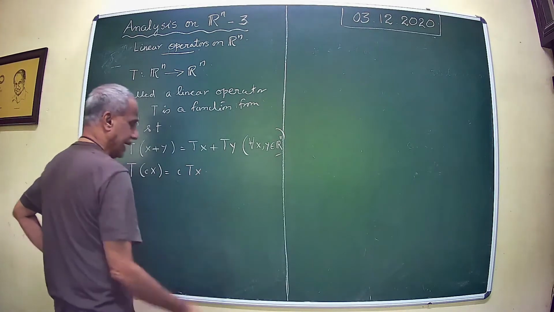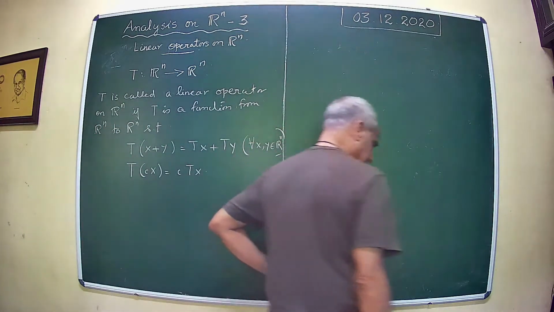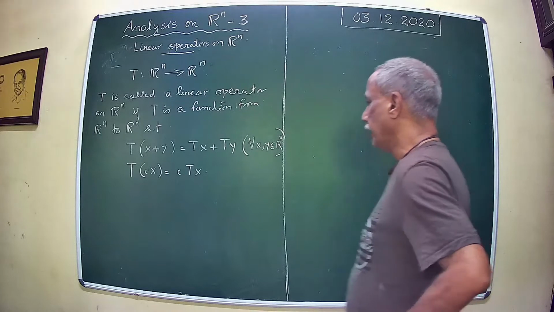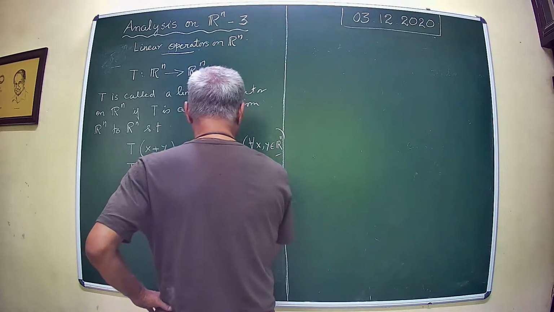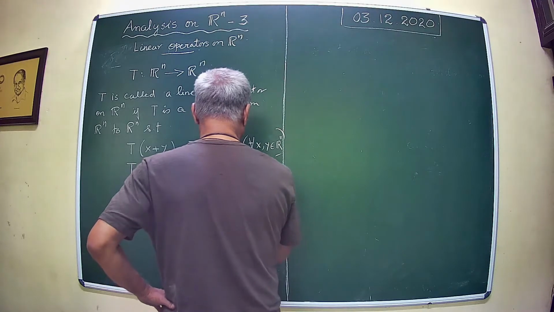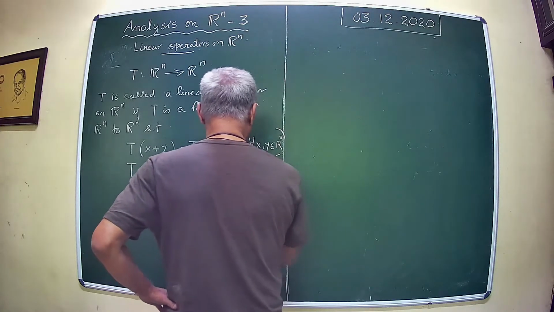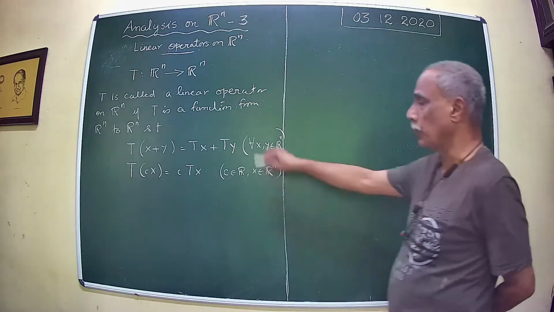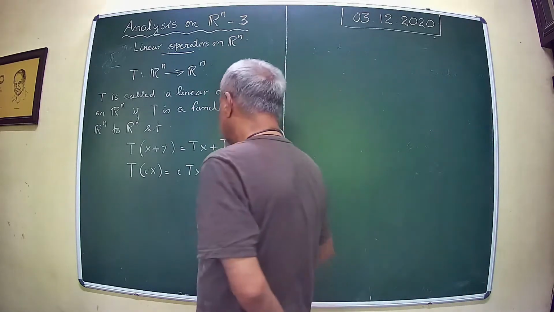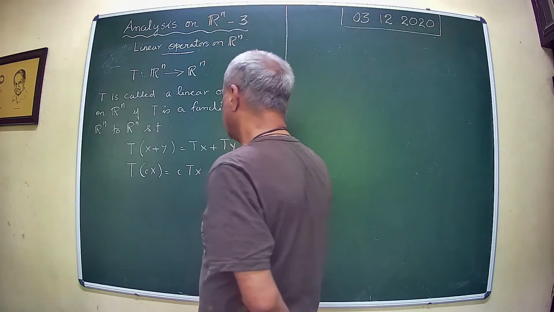It is not any function that you consider, but a function with these properties, satisfying these two properties. So this is what is called the linearity.